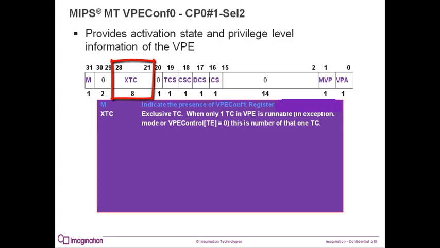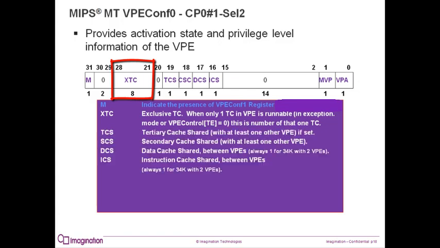When that happens, this field contains the TC number of the TC eligible to run. XTC can also be written by the MTTR instruction as part of cross VPE initialization, if you want to initialize a VPE so it starts with just one TC running alone.